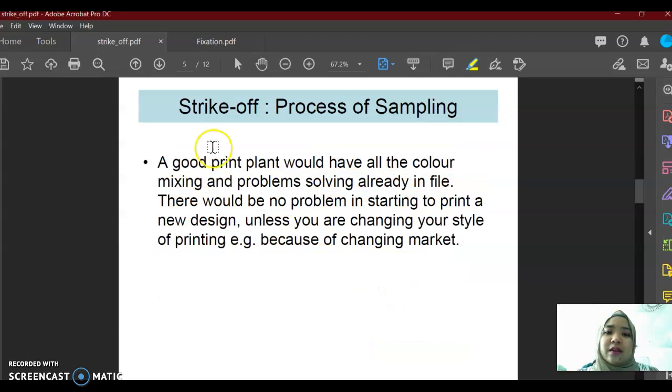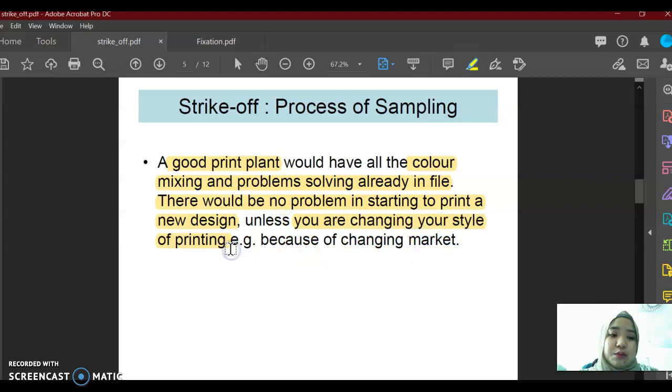Alright, so a good print plan must have all the colour mixing and problem solving already in file. So kira colour chemist ni dia akan buat print plan, okay, and then dia dah ada colour mixing dia, recipe dia tu, and then problem that may occur yang akan terjadi, and with the solution. Okay, there will be no problem in starting to create a new design unless you are changing your style.